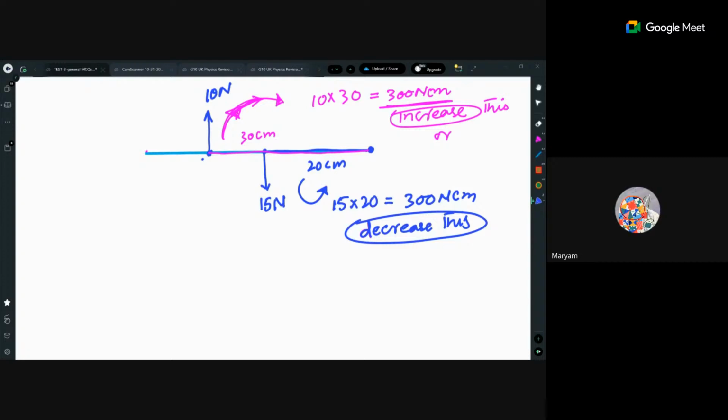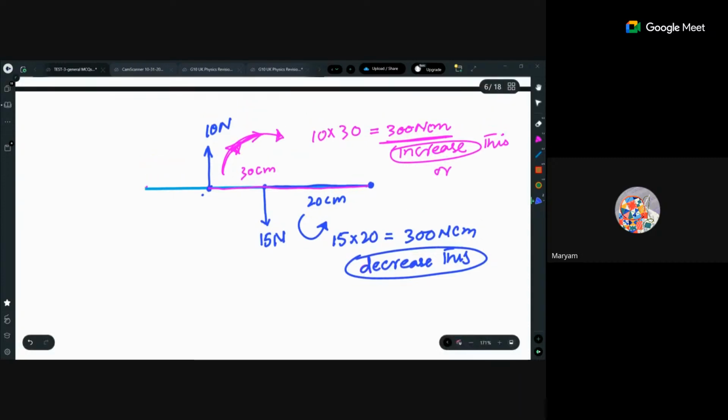Sir, but do I have to assume values in questions like these, like you did 15 and 10? Yes, beta, these are MCQs. These all are solved with some imaginations, some values. For example, I would not put these values if I would be solving this MCQ.